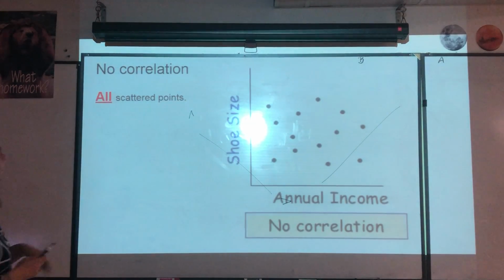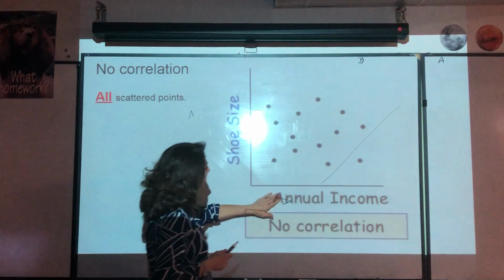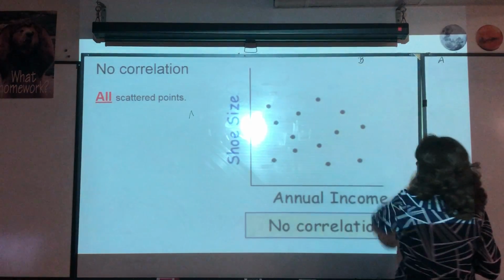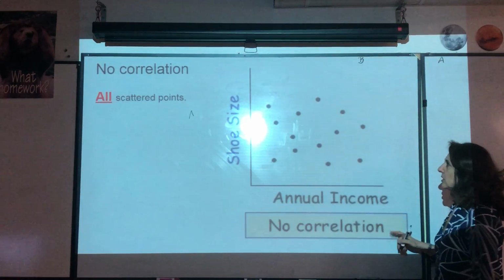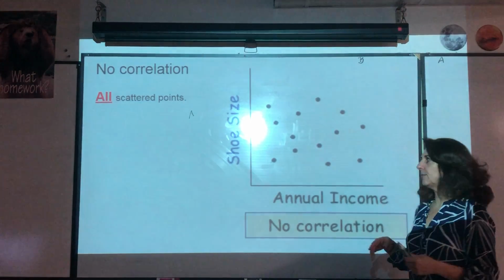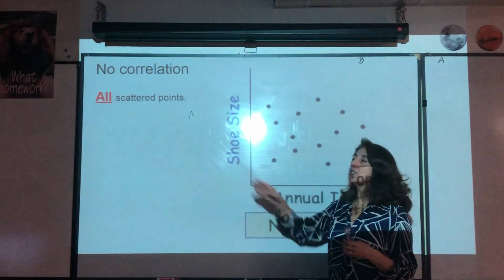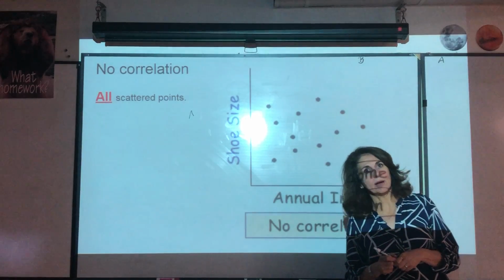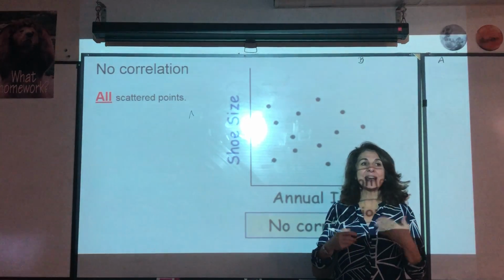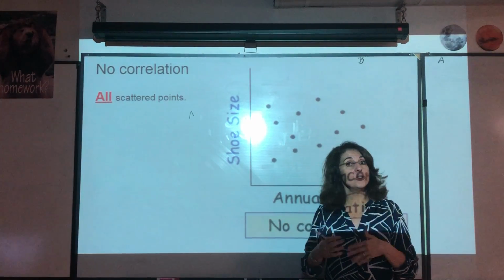And finally, we have scatter plots that have what? No correlation, which is, look at this information, the annual income of a person and the shoe size that they wear. No correlation at all. One thing has nothing to do with the other.